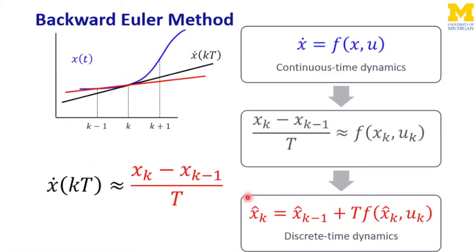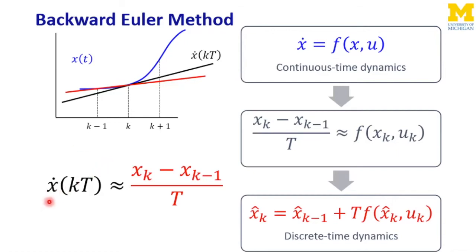Okay, so let's look at a different method. The next method is called the backward Euler method. We start with the continuous time dynamics as before, but instead of looking forward, we are going to approximate x dot looking backwards.